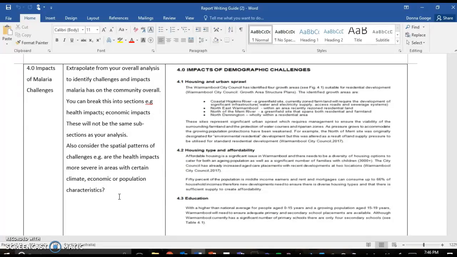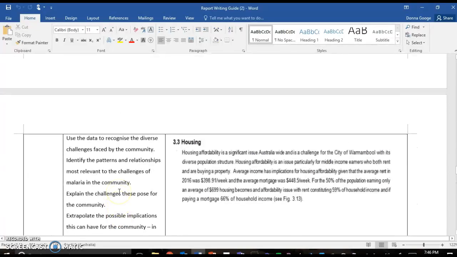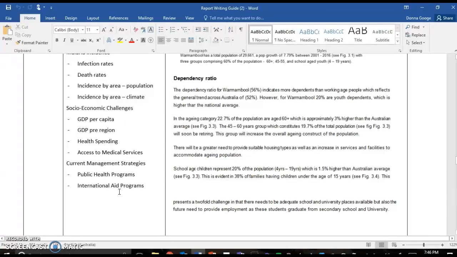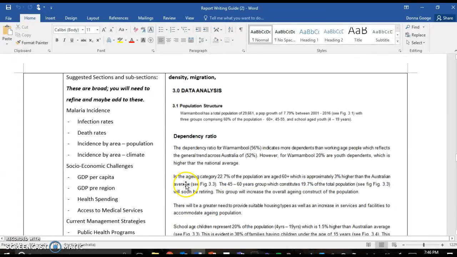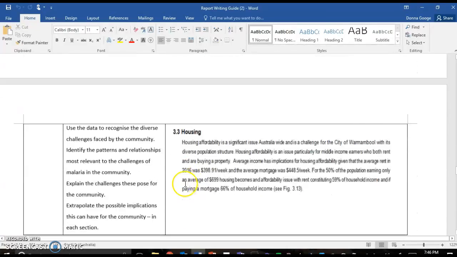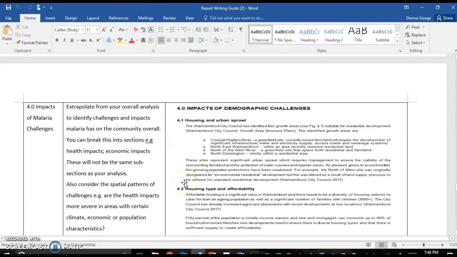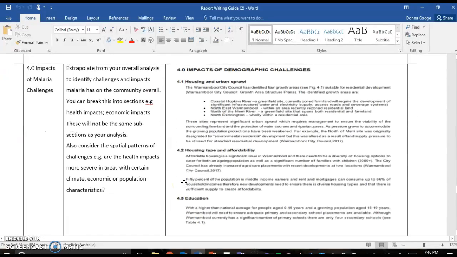Okay, what does this section do? So let's have a look back here. On the exemplar, it was talking about the population structure, and then it talked about migration, and then it had a section on housing. Now what they've done is bring this together for housing and urban sprawl. So more people need more houses, and so this is being spread out more.